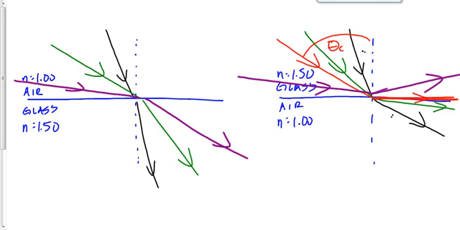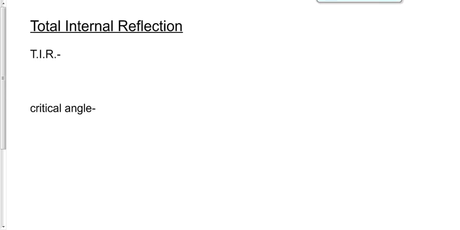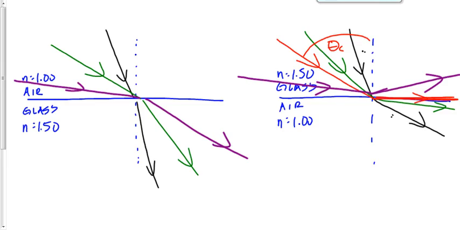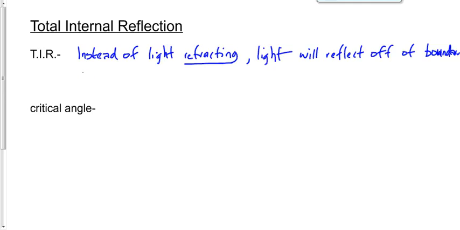So total internal reflection is a phenomenon whereby instead of light refracting, light will reflect off of a boundary when theta 1 is greater than a certain angle that we're going to call theta c.